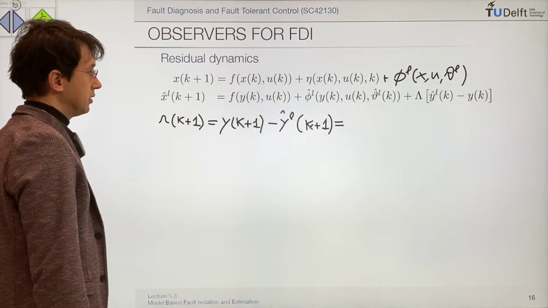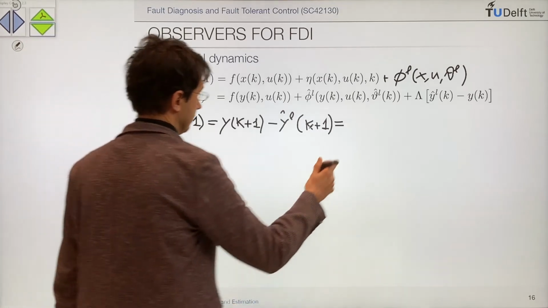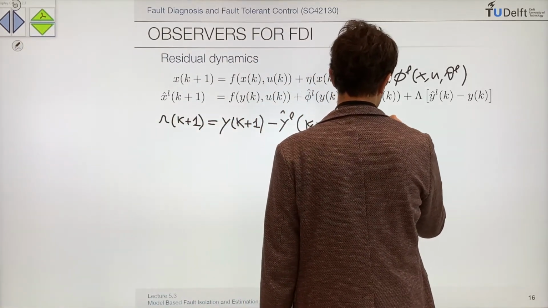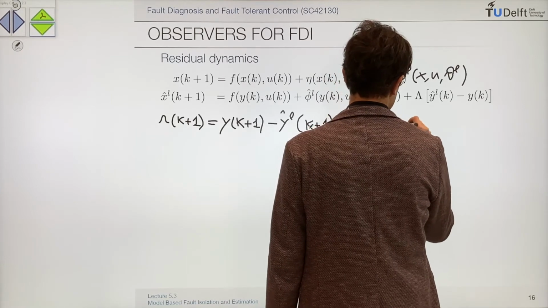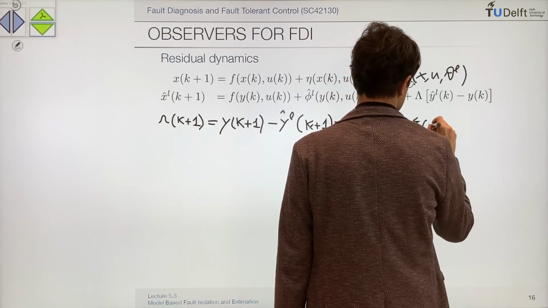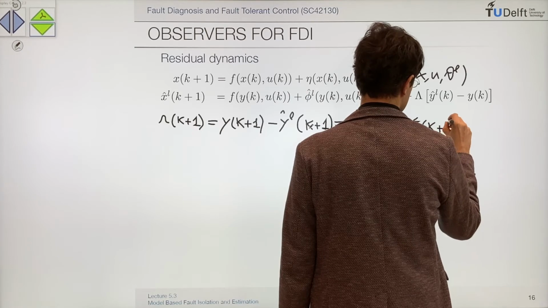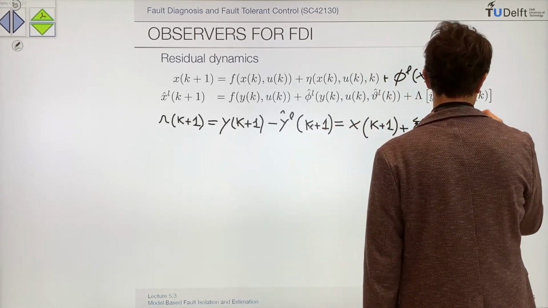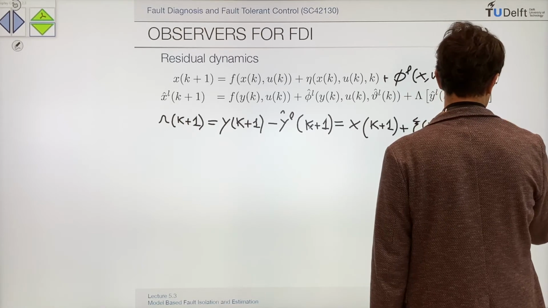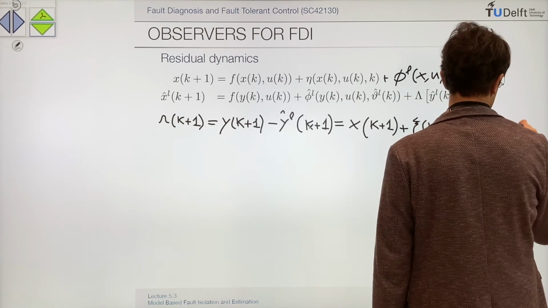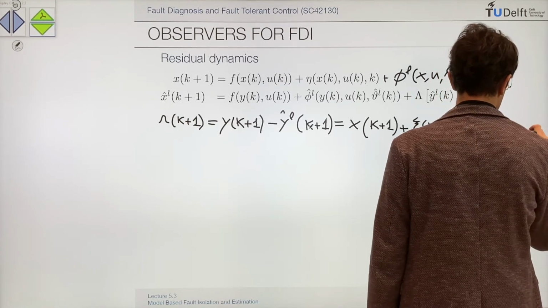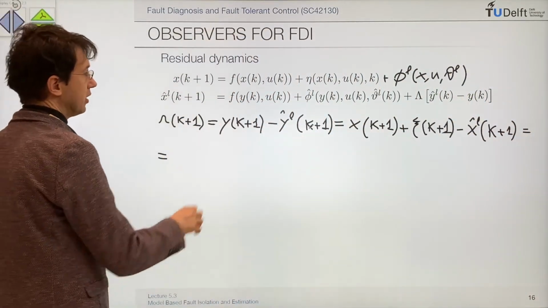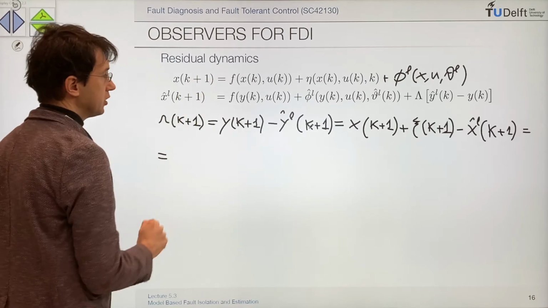So this is equal to x at time k plus 1 plus the measurement noise, minus the estimate at time k plus 1, which is equal to, okay, at this point we need to take the difference between this equation and this equation.